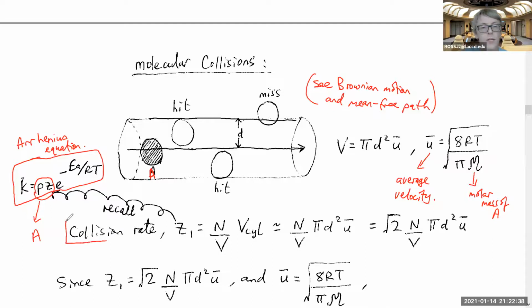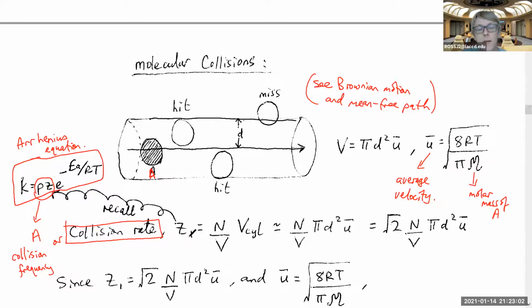You can call it collision frequency if you like, because rate is proportional to frequency. Anyway, whatever you call it, let's say it's Z. So recall that Z there.